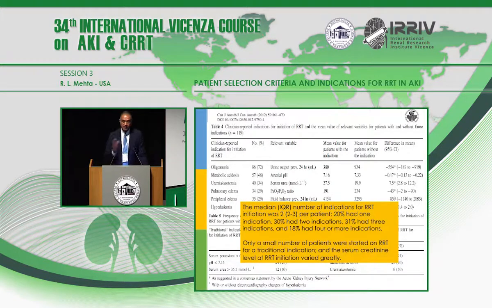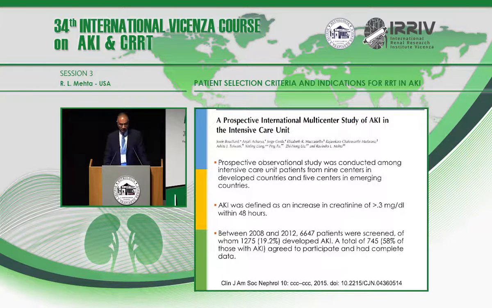So one could think of it in a different way and say we are prone to wait for more than one indication to occur before we offer RRT. And the time we wait for that offers the opportunity both for improvement, but also offers the opportunity for deterioration. And that's sort of a key balancing act that we have to think about overall.